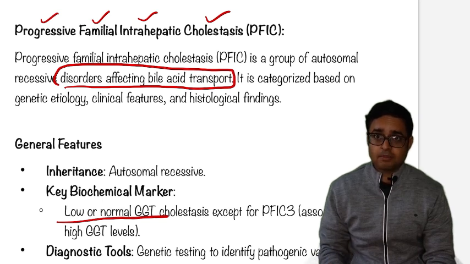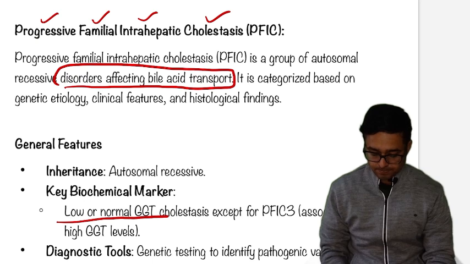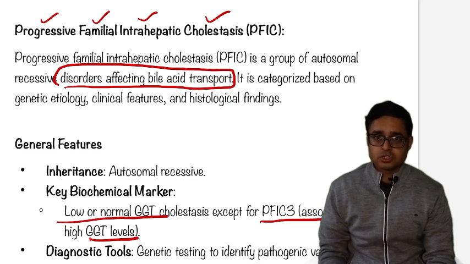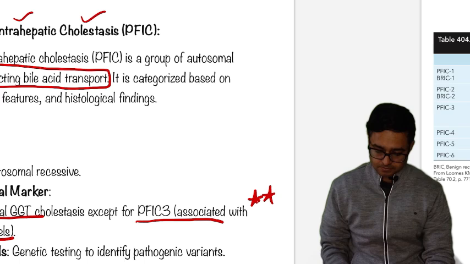You have to think about PFIC. But remember, in a variant of PFIC, that is PFIC3, GGT levels are high. This statement is very, very important. Generally, in PFIC, GGT is normal or low, but in PFIC3, GGT is very high.